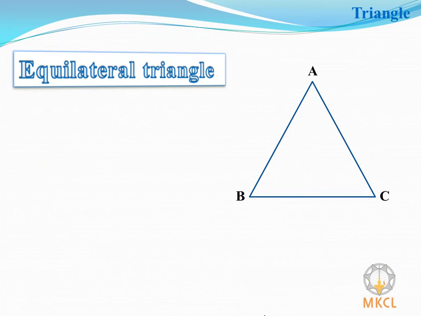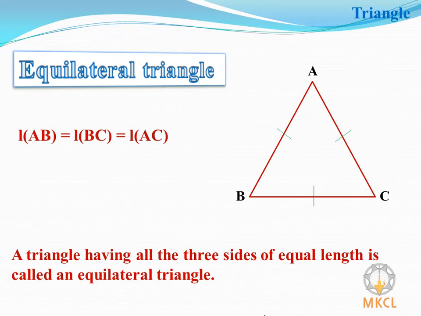This triangle is equilateral triangle. Here, length of AB is equal to length of BC is equal to length of AC. A triangle having all the 3 sides of equal length is called as equilateral triangle.